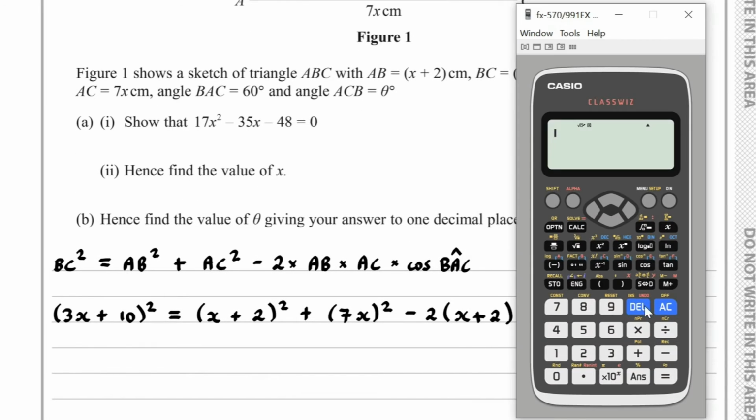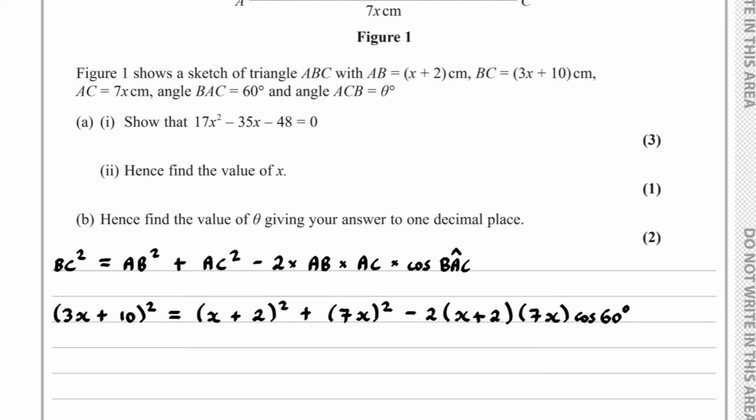And recognizing that the cosine of 60 degrees is 1/2, we multiply that 1/2 by this -2 to get -1. So in other words, the -2 and the cosine of 60 degrees simplifies to -1.